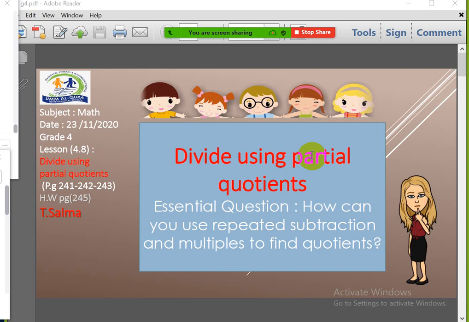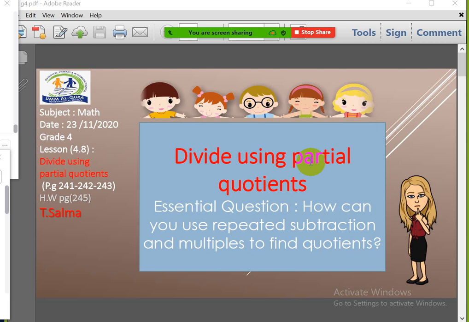Today we will start with the partial quotient. Okay, then now we will repeat with this lesson, because this lesson will be about repeated subtraction, about the same idea. So please open your book on page 241. Now we will solve an example, and this example will be about the same strategy.